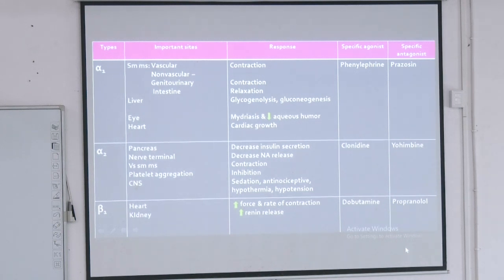Beta 2 will be relaxation. Now, what happens if the lady is pregnant and nearing the term? Effect of alpha diminishes and beta effect will take the upper hand. That is the difference of different receptor in uterus.